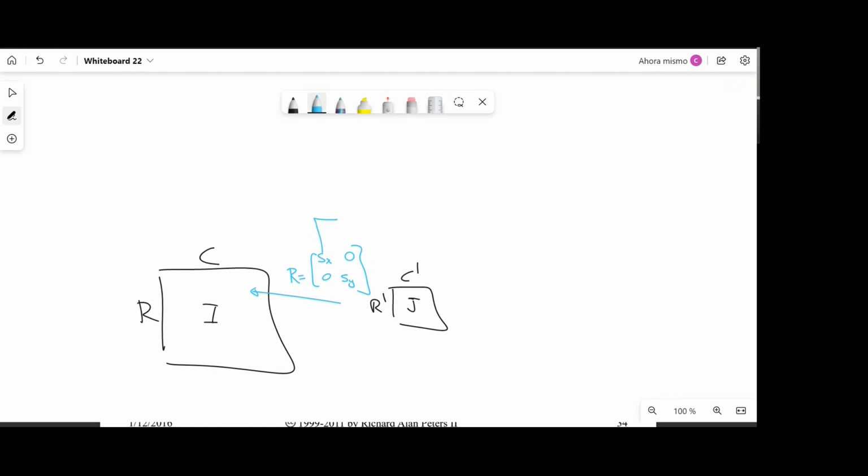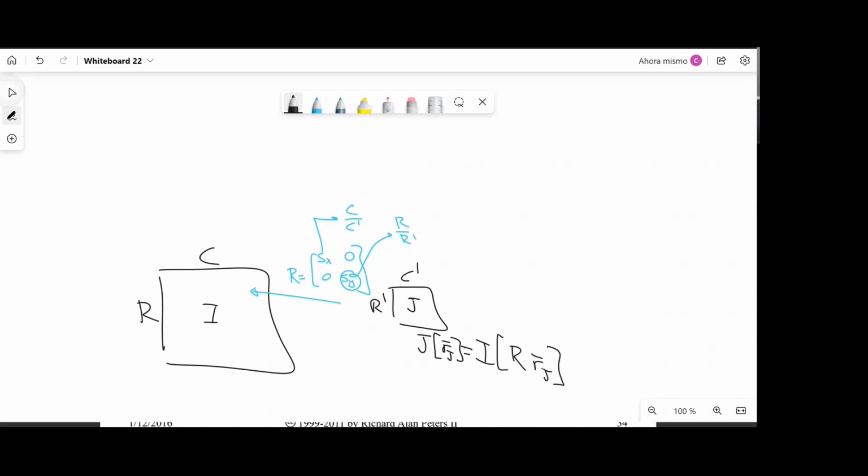This factor here, it is R, this is X, so this goes with C. So this goes C divided by C prime, and this one here is R divided by R prime. Okay, so our image J at a given location of J is image I at the location R times Rj.